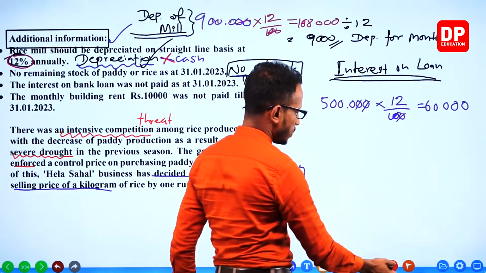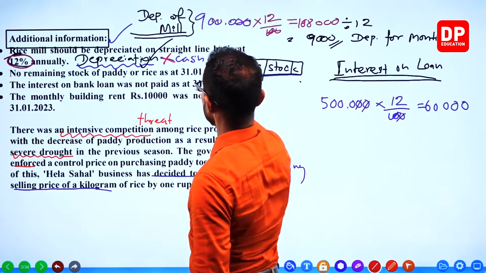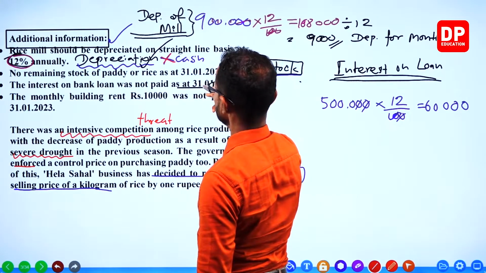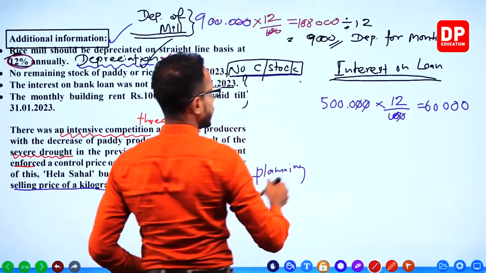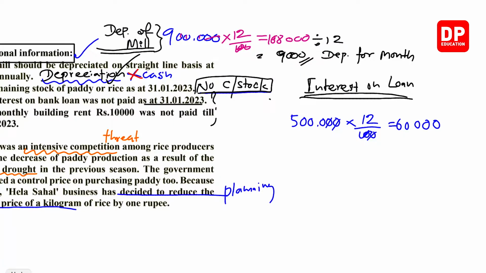But that is annual. Interest on bank loan was not paid at 31st January. We need to calculate only for 1 month, so we divide by 12. The answer is again 5,000. That is the interest for the month, 5,000.